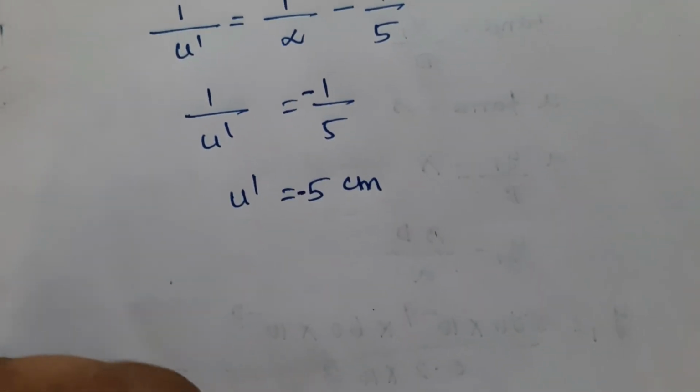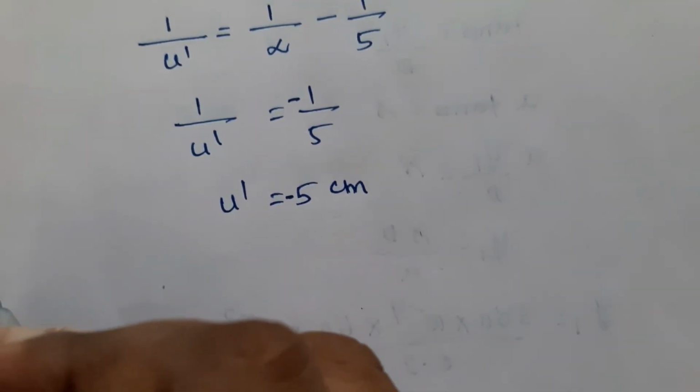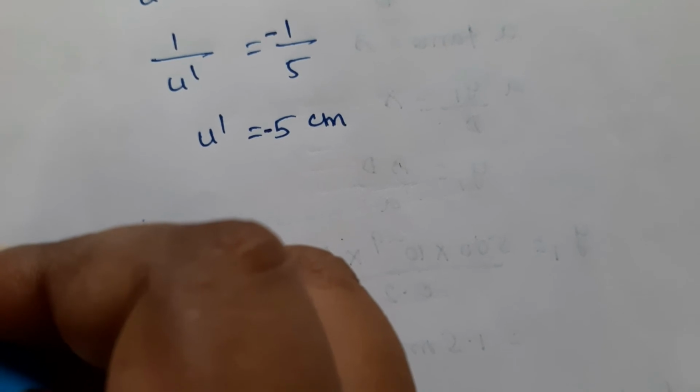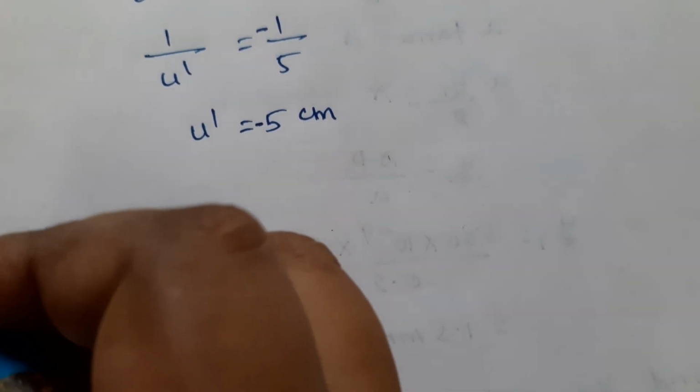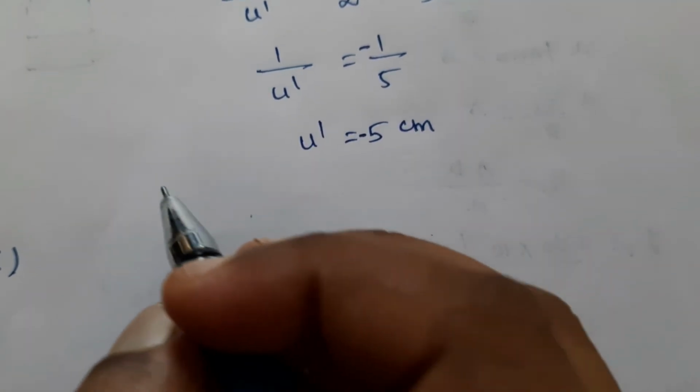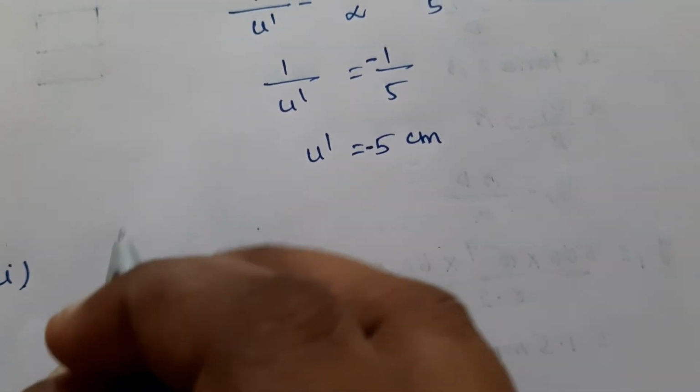Now we'll go for the second part of the question. What are the maximum and minimum magnification possible? One is the near point focusing and another one is the far point focusing, that is the normal focusing.